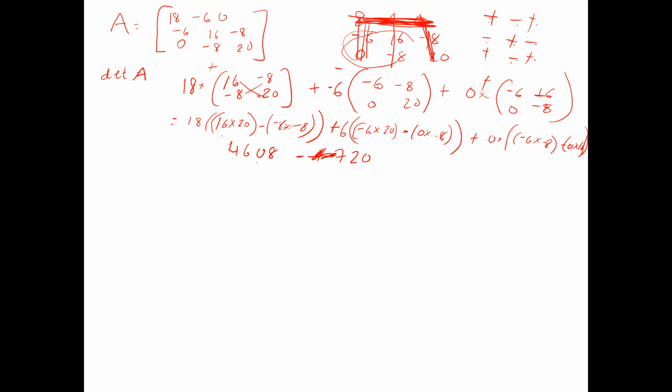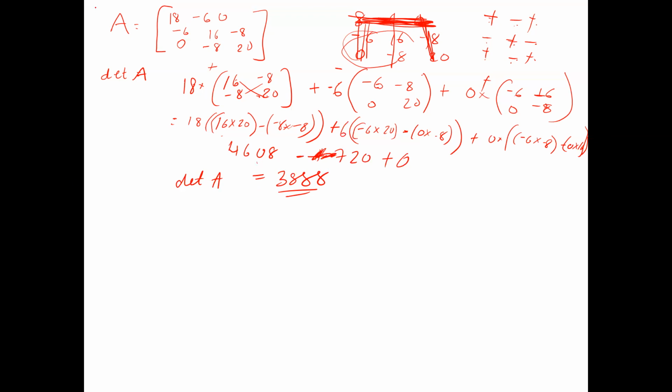Plus, obviously, this is 0 because 0 times, so this will be 3888. Okay, so determinant A equals 3888.